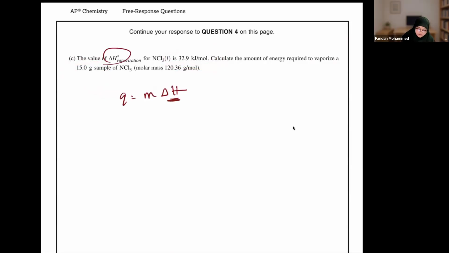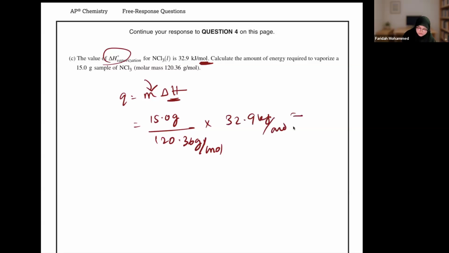The unit of delta H. Because this is per mole, you have to convert the mass to mole. So 15.0 grams divided by the molar mass in grams per mole, times delta H, which is 32.9 kilojoules per mole. That gives you 4.10 kilojoules.